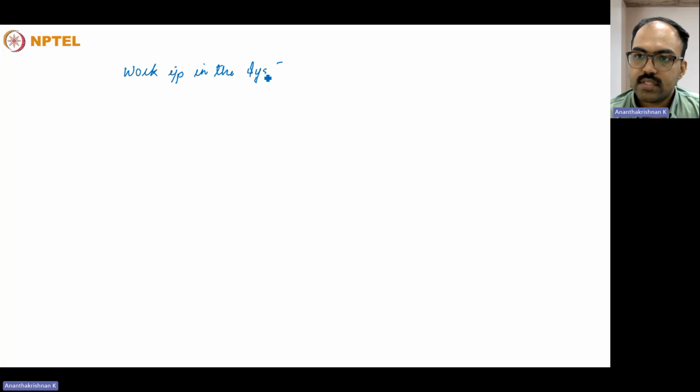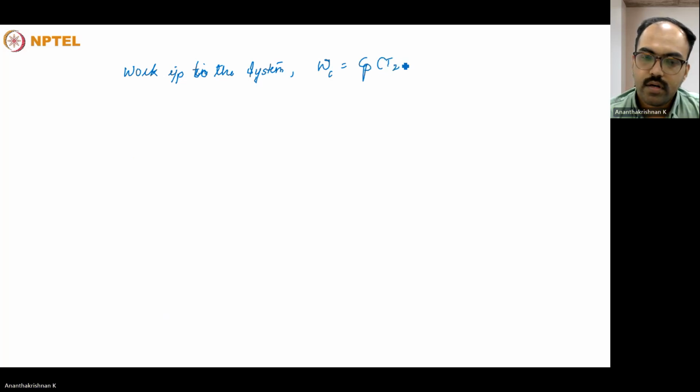Work input to the system, that is WC, could be written as Cp into T2 minus T1.